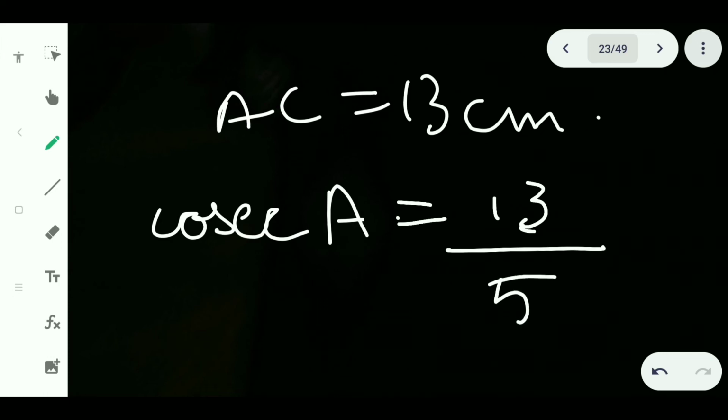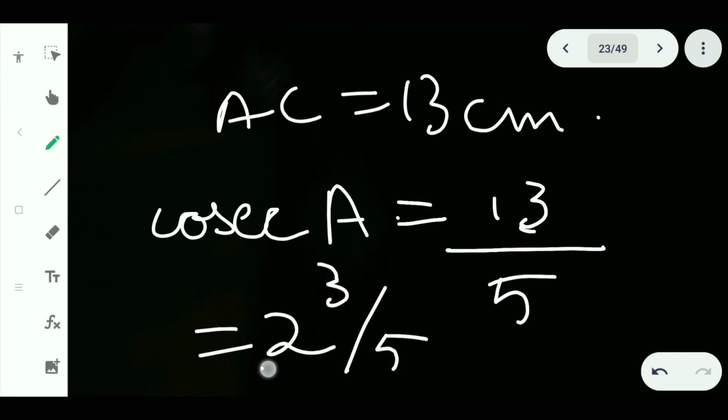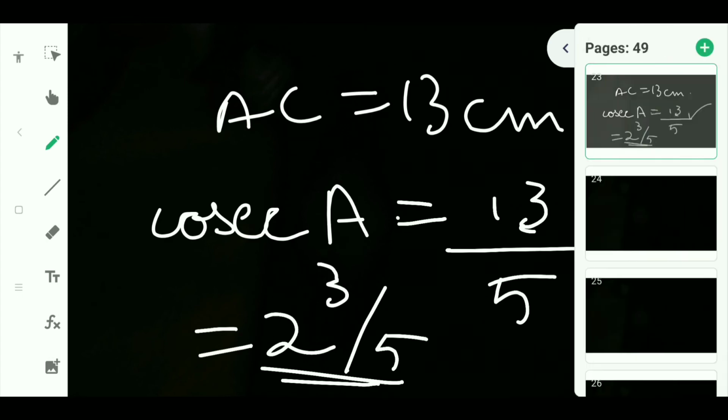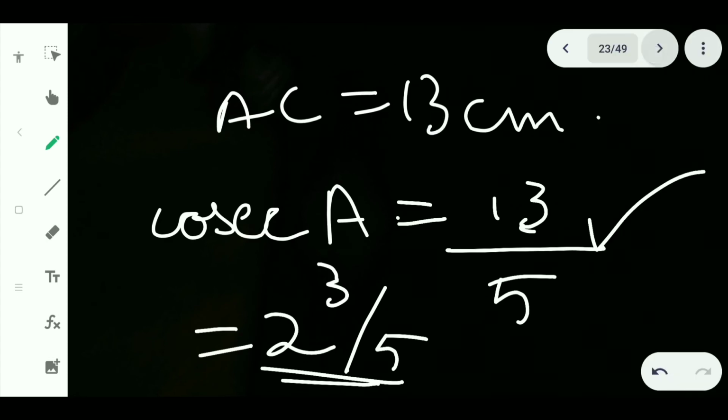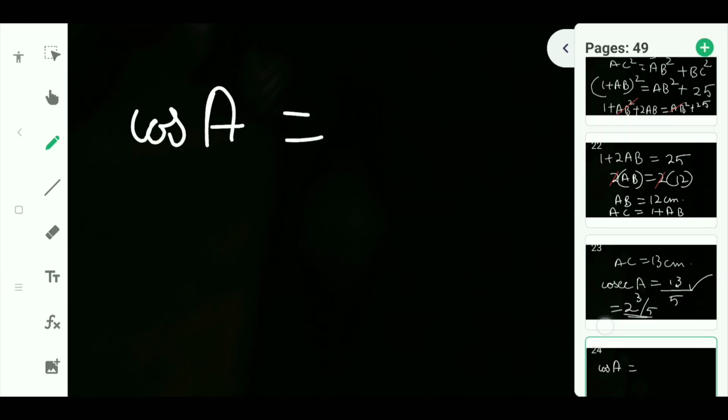So it is 13 by 5. If you want, you can also convert it into a mixed fraction, or simply leave it like this. And next they asked us to find cos A.